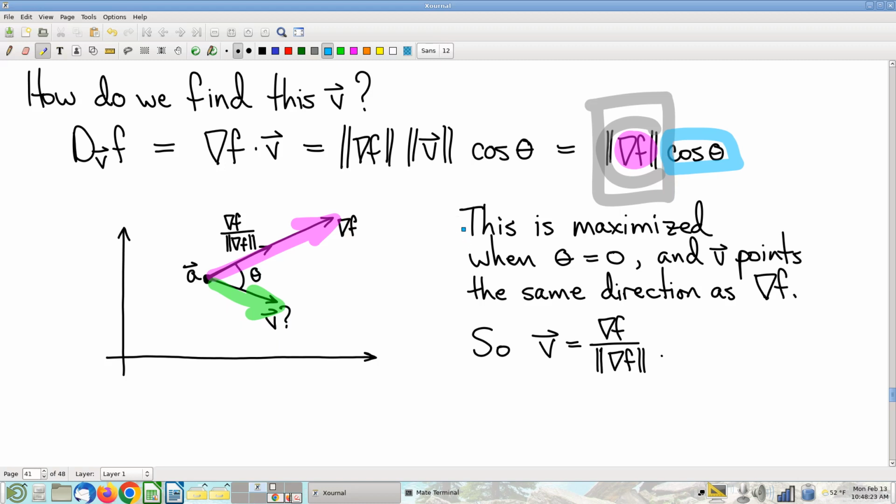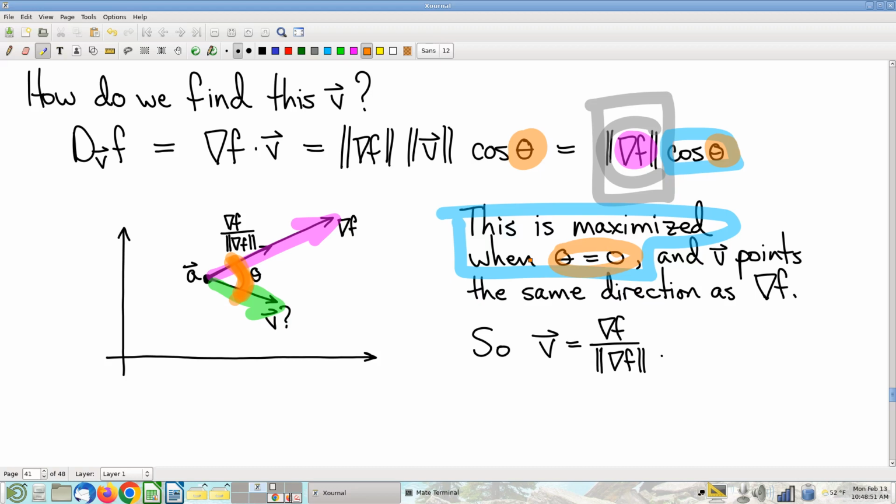That's easy. Cosine theta is maximized when theta is equal to 0. What is this theta that we're talking about? Well, see this theta here. That's this theta from this formula. It's the angle between the two vectors that I'm dotting. So I want that angle, apparently, if I want cosine to be as big as possible, I want that angle to be 0.